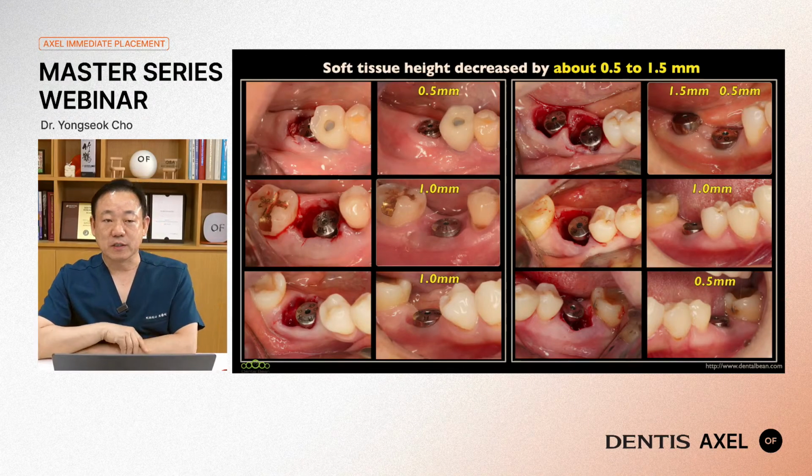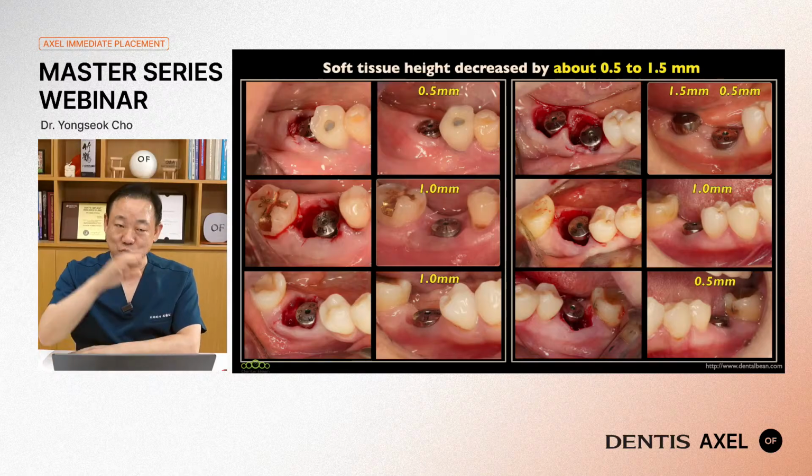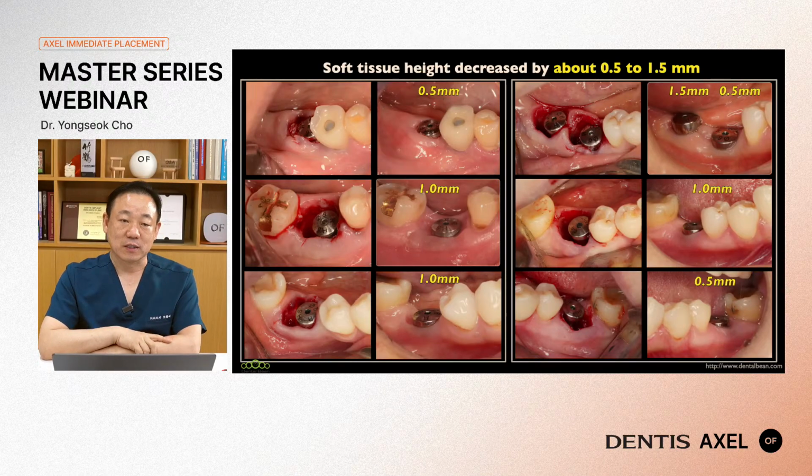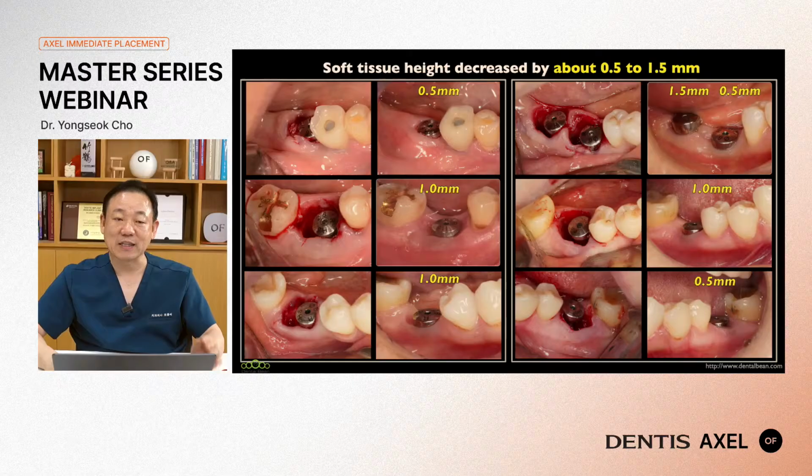There is a resorption of tissue volume of 0.5 to 1.5 millimeter, so on average 1 millimeter of tissue height will decrease. So it's better not to place the implant at 4 millimeter in immediate implant surgery cases. Minimum 5 millimeter I recommend.